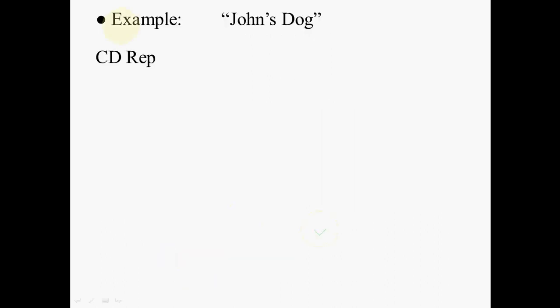As an example, John's dog. Now John is one PP, dog is another PP, but when it is John's dog, the dog is possessed by John, right? So it can be written like this. Please don't read it the other way. John is not possessed by the dog, it is the dog which is possessed by John. Always read from top to bottom.